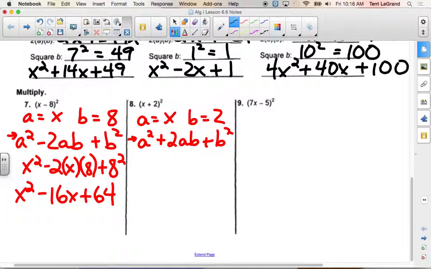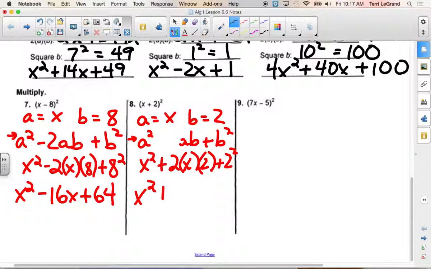So get familiar with those models that help us do like a shortcut. And now we will substitute our a and our b in. And we will simplify. So what's our perfect square trinomial this time? Yeah, x squared plus 4x plus 4.